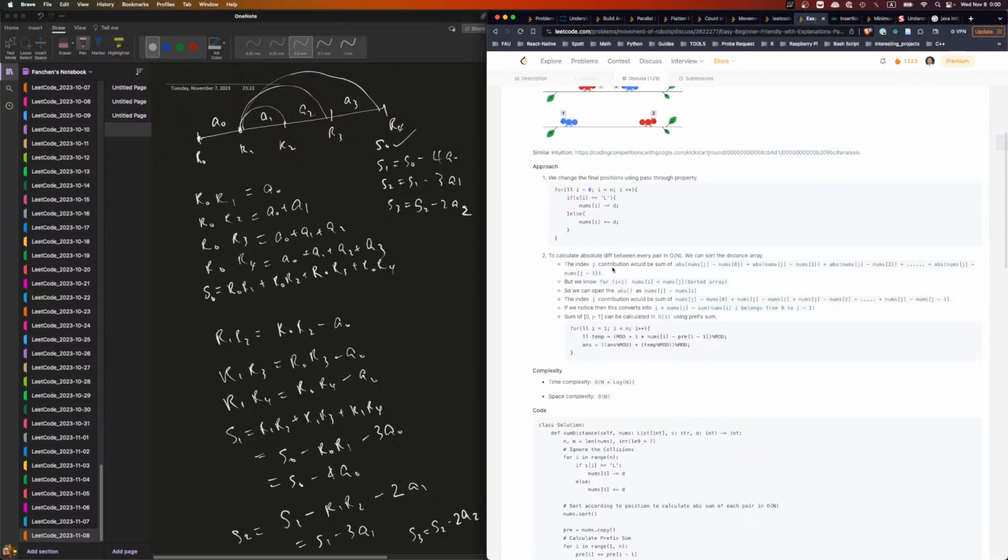Alright, index j contribution will be the sum of j minus this plus j minus 1 plus... but we know for i smaller than j, nums i smaller than nums j, so we can open the ABS as nums j minus nums i.